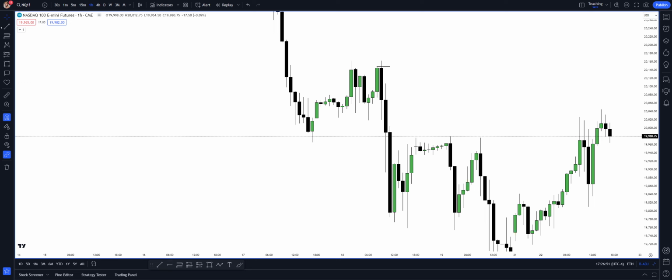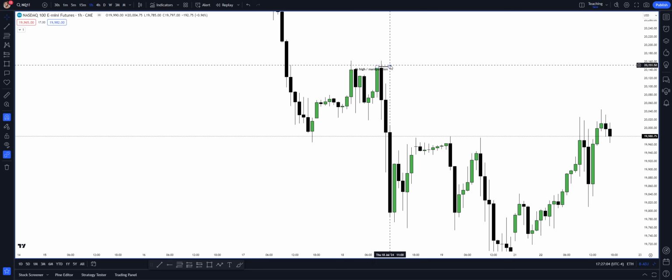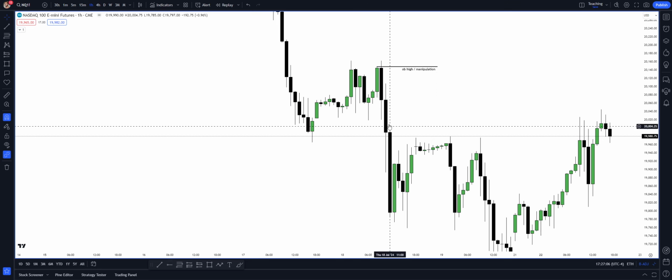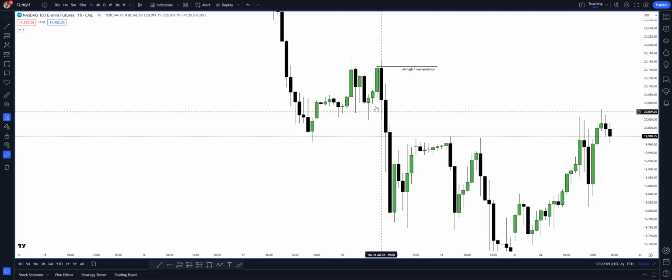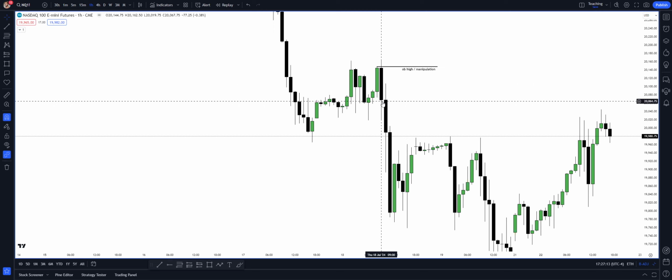Now in this case, we have the sweep, or let me put it this way, the OB high, OB high / manipulation, because I'm gonna go down to 1 minute as well here, just to showcase it's the same thing. Now the only thing I need to mention here is because this is forming in this case on the hourly chart, what you expect or anticipate is the following hourly candles expanding.